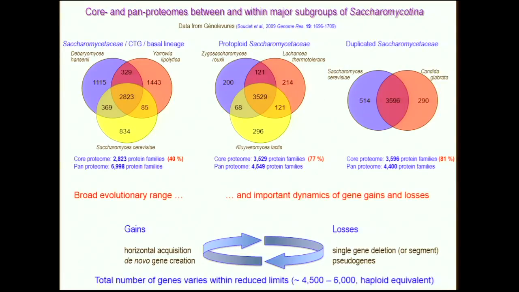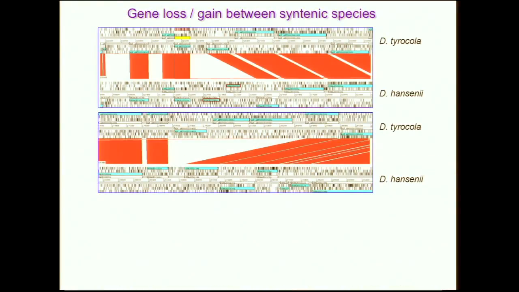Gains occur by a variety of mechanisms, which include de novo gene creation, which for some time was not considered very probable because creating a gene out of nothing is not the easiest thing to do, but in fact we have examples like that, as well as horizontal acquisition. I will illustrate that a little bit. The total number of genes varies within limits which are not large, so the gains and losses on a large evolutionary timescale are roughly compensating for each other.